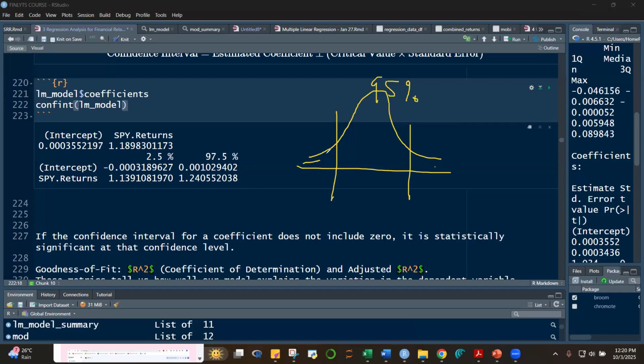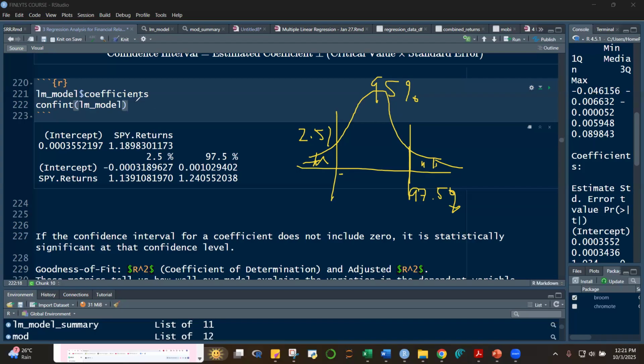So this is 2.5%, and this is also 2.5%. Or take a look at it cumulatively: up to this point is 97.5%, because 2.5 plus 95 gives a total of 97.5%.